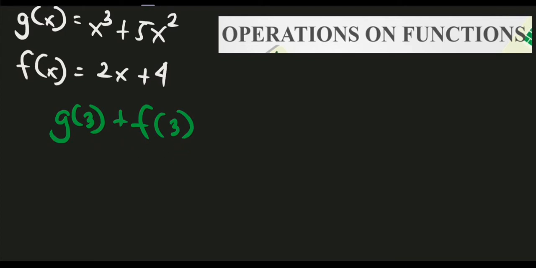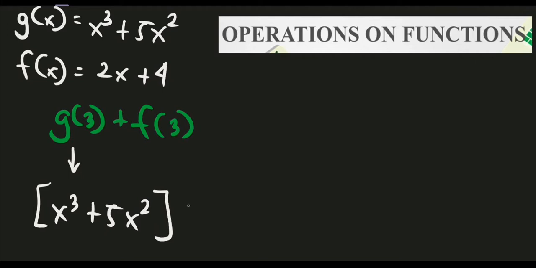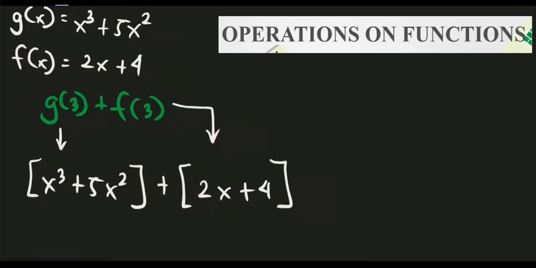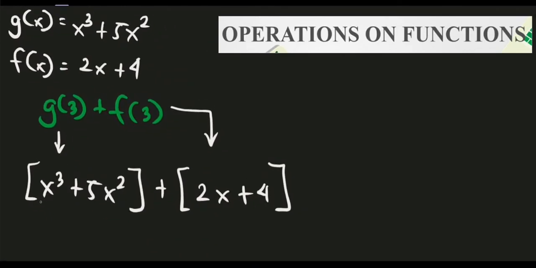So it will give us again the contents of function g. We have x cubed plus 5x squared, okay? And we need to add this to the contents of function f, which is 2x plus 4, right? Since we have this input as 3, we need to change the values of x as positive 3.